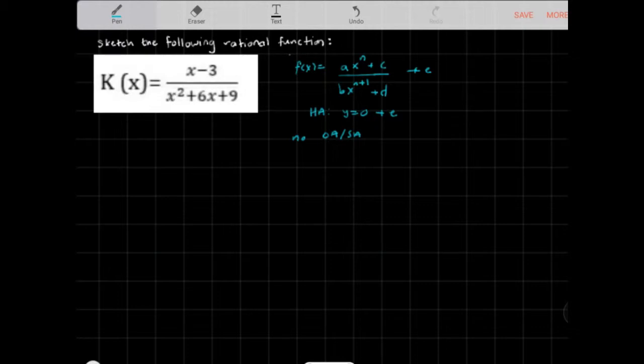Now, in some cases, the rational function will actually cross the x-axis. So that's where we're going to see a few anomalies.